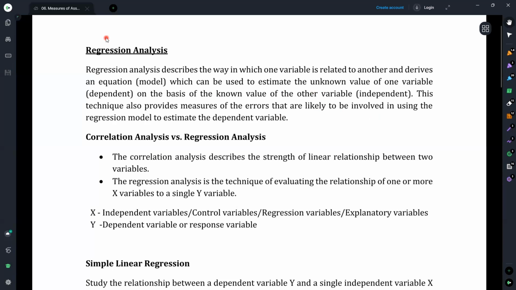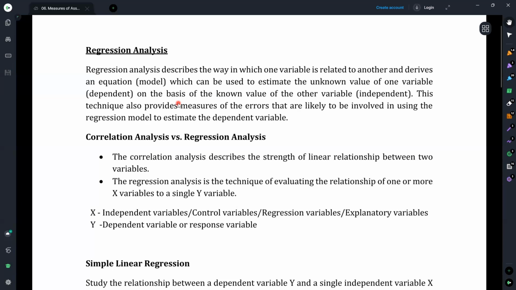The next important thing in regression analysis is that it is not just identifying the measure of the relationship among the variables. Once we have obtained an equation, we can use it to estimate values. And when we are estimating values, this leads us to find the errors of the estimates as well.